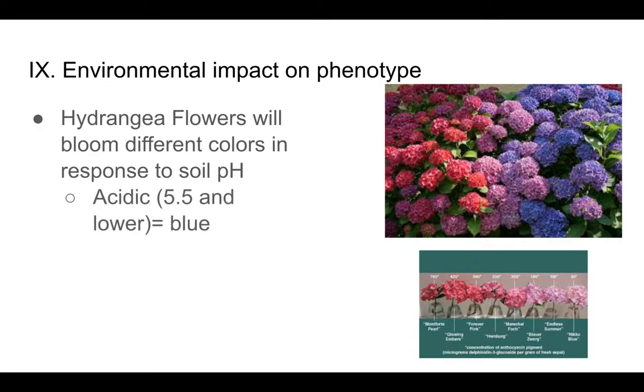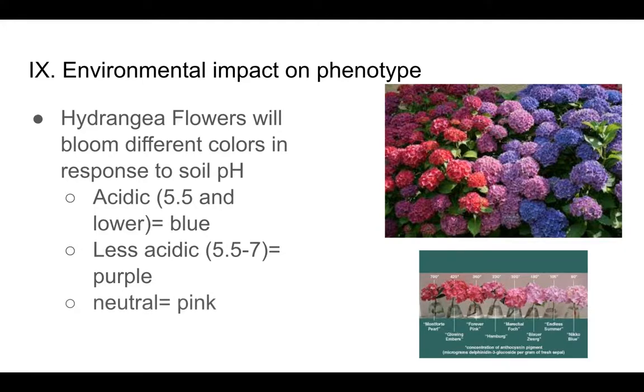If you grow these hydrangea flowers in acidic soil, so around a pH of 5.5 or lower, they're going to be a bluish color. If you grow them in slightly less acidic soil, so 5.5 up to neutral, which is 7, they're going to be more of a purple. And if you grow them right around neutral, 7, they're going to be kind of a pink color.